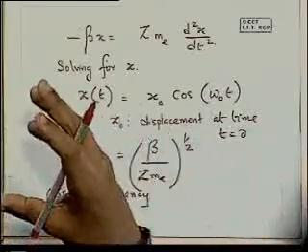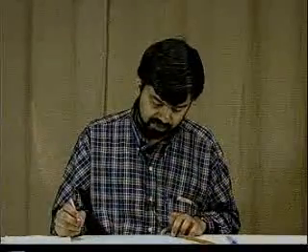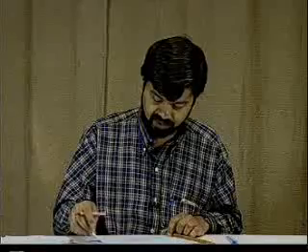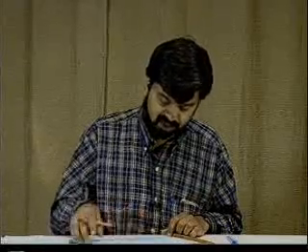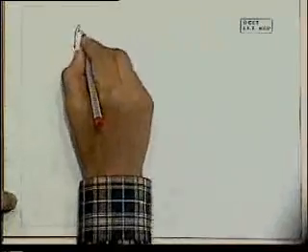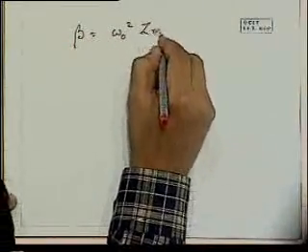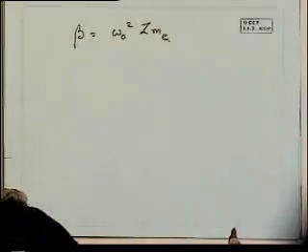They have their center of mass separated from the positive charges as it swings back and forth in simple harmonic motion. Okay? So it's an oscillation frequency for the center of negative charges. We can rewrite this equation to get an expression for beta, which we will use later. Beta is equal to omega naught squared Z me.